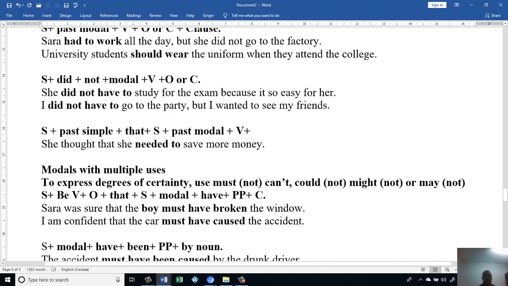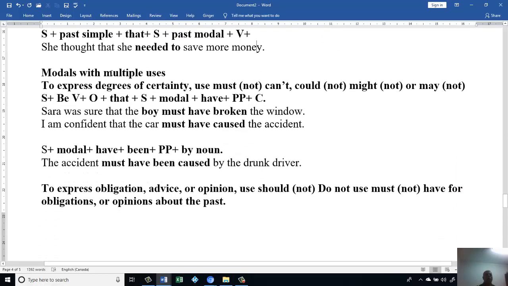Sometimes we have modals with multiple uses. For example, to express degree of certainty, use must not, or cannot, or could not, or could, might not, or may not. For example, subject, be verb, then object, then that, then subject, then modal, then have, then past participle, then complement or the object.